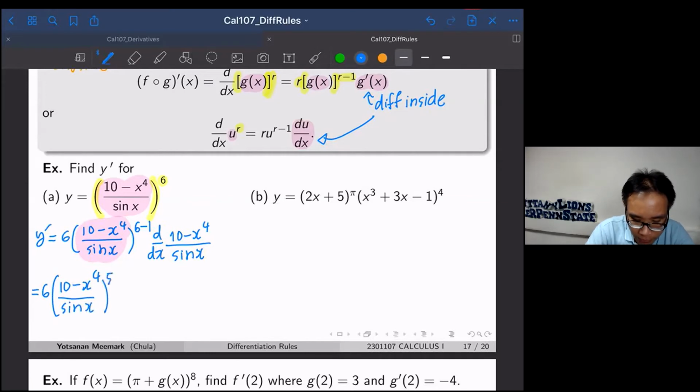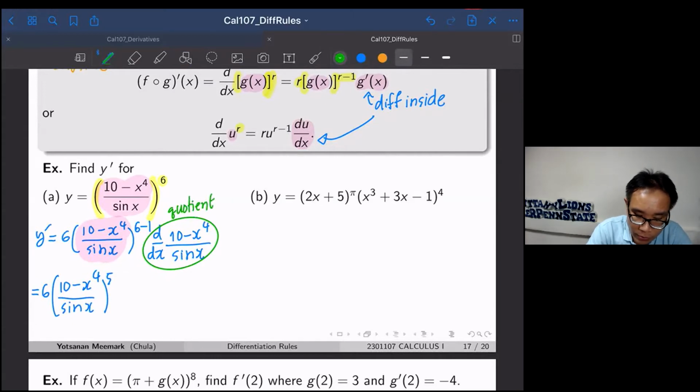So you need to differentiate the inside by using the quotient rule.